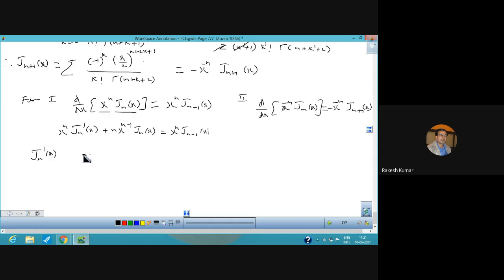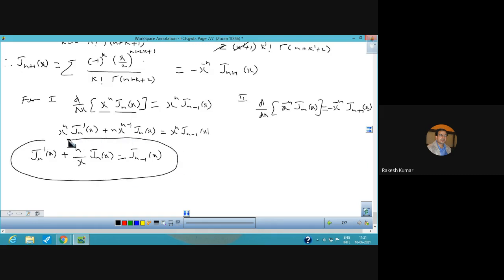So Jn dash x plus n upon x Jnx, dividing throughout of this relation by x raised to power n. So you will get this. So this is another recurrence relation of Bessel function. You must remember this formula. And this formula comes from the first recurrence relation.